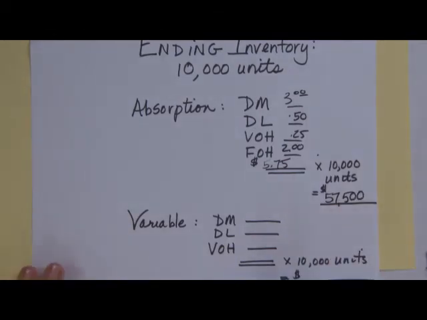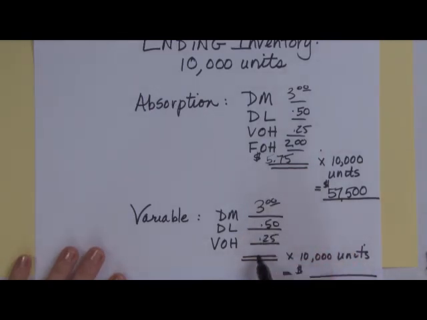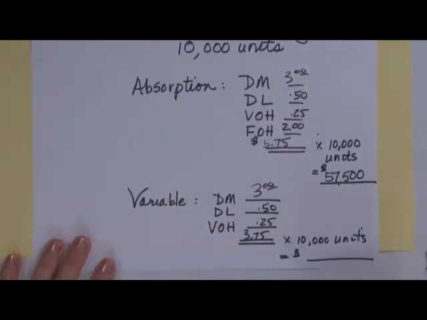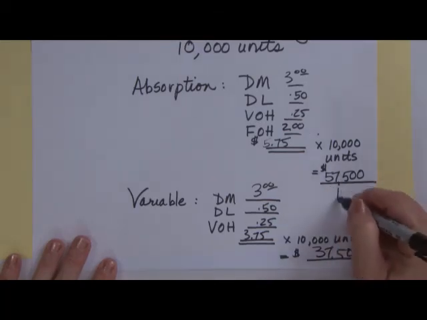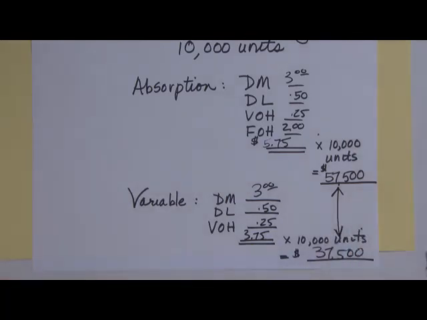Again, our asset value. Under variable costing, we only had the $3, the 50 cents, and the 25 cents, which is $3.75 times 10,000 units equals $37,500. So there we see the $20,000 difference in net income relates to the $20,000 difference in the way the ending inventory is going to be valued under these two systems.